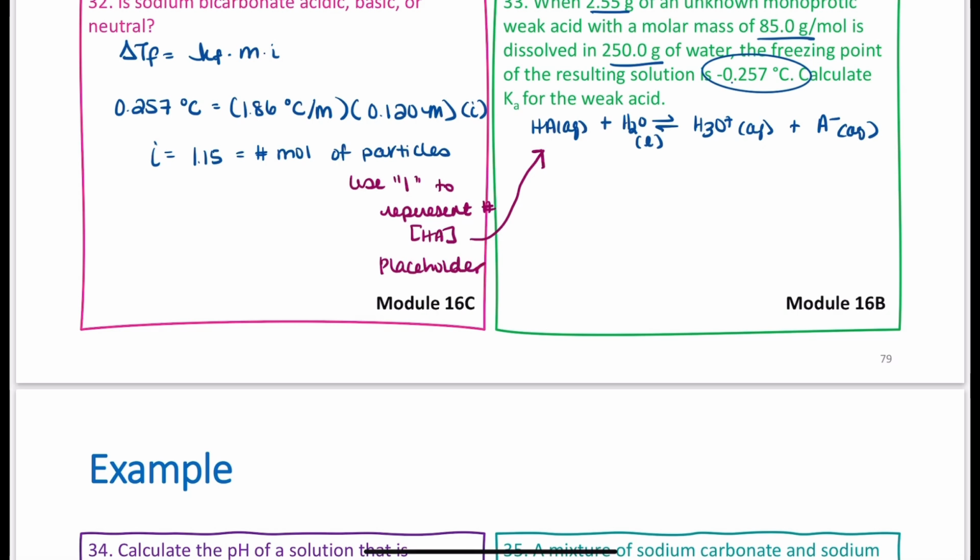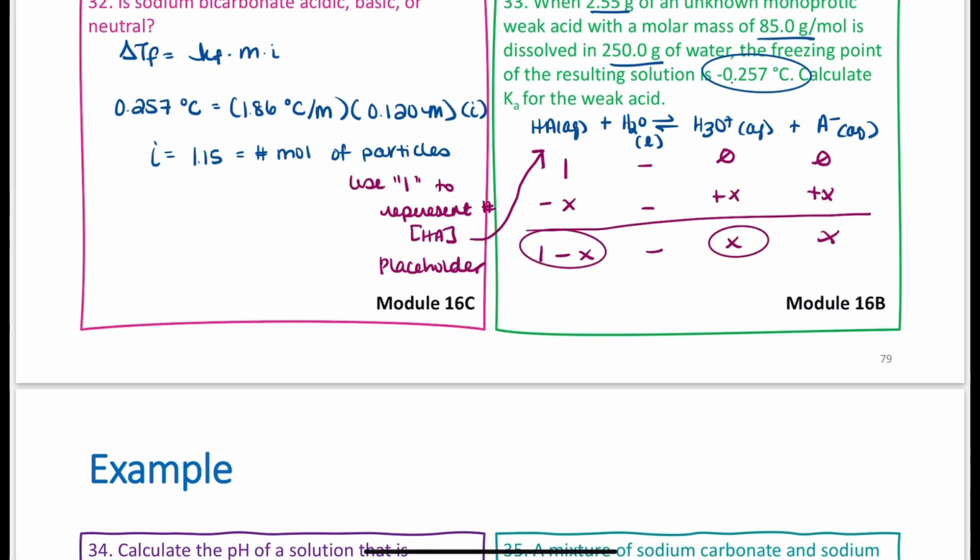Okay, separate from the van't Hoff factor. If I had 1 HA, I'd have 0 of this and 0 of this to start. And water doesn't factor in, right? Minus x plus x plus x. At equilibrium, I would have 1 minus x and x.